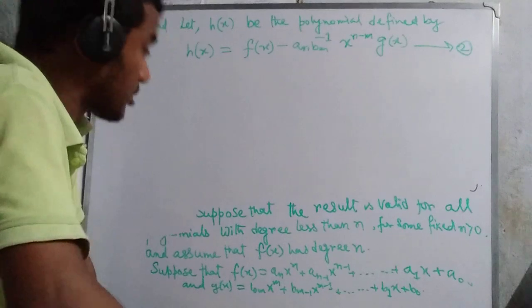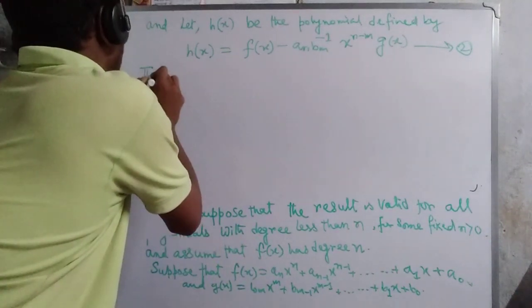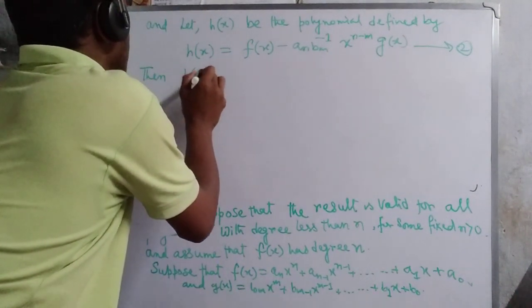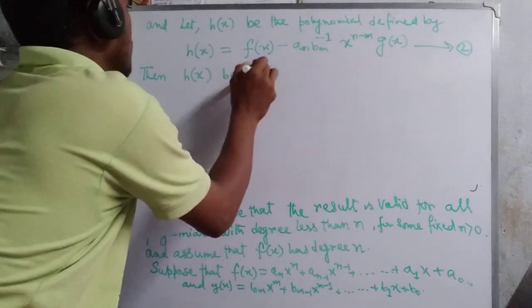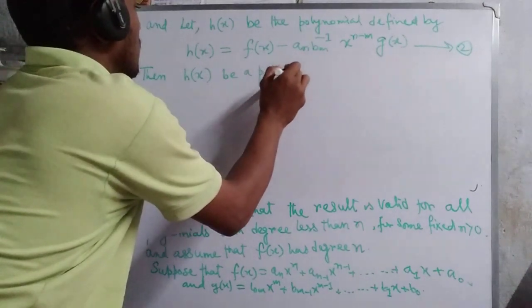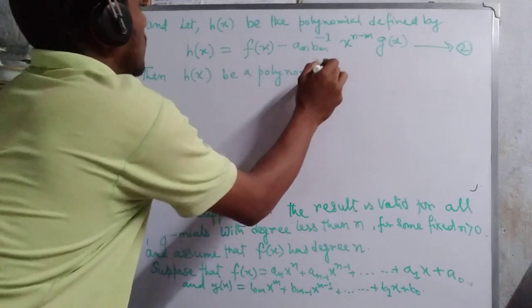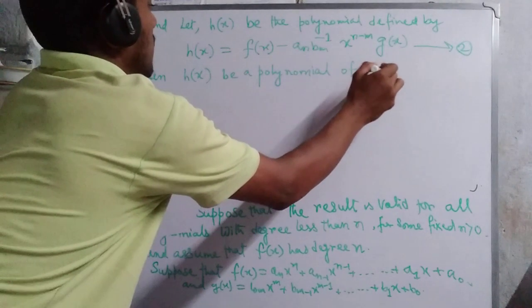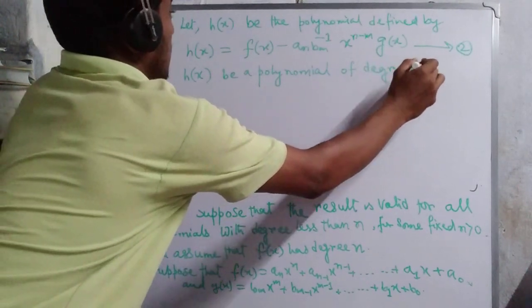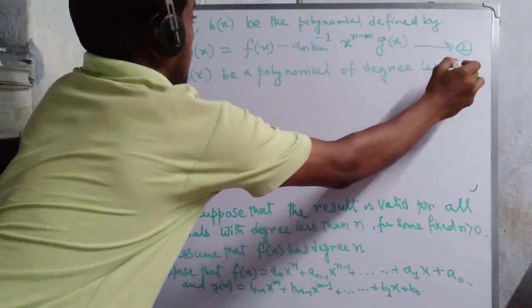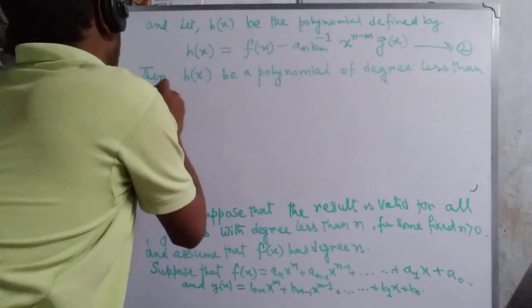Then h(x) is a polynomial of degree less than n.